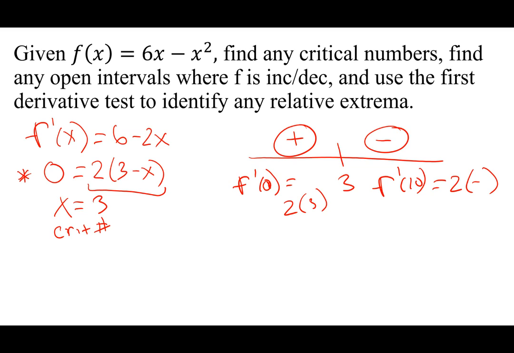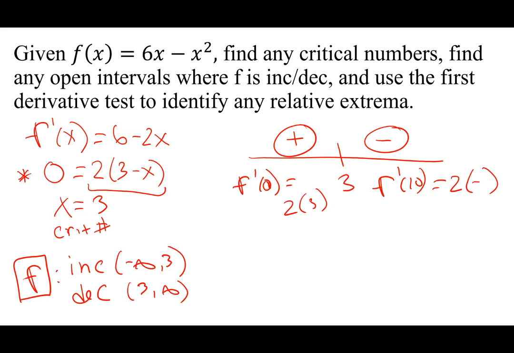So from here, what can we conclude about f? Remember, even though you're using the first derivative to test, your conclusions are about f. So we can say that the function f is increasing from negative infinity to 3. We can say that the function f is decreasing from 3 to infinity. Remember, you're only going to use parentheses for increasing and decreasing, always.